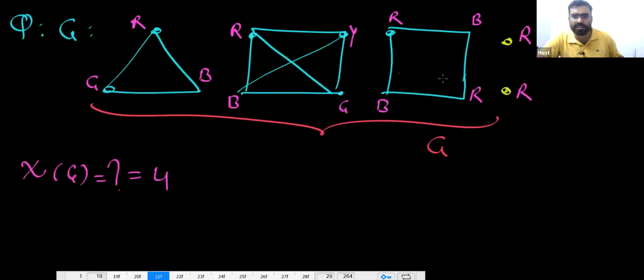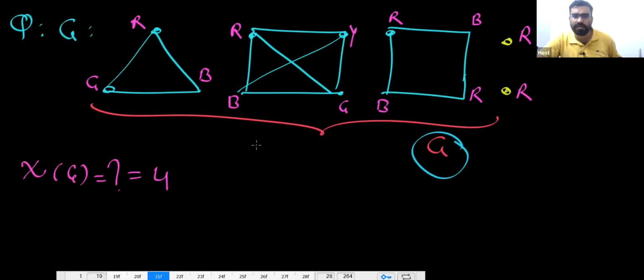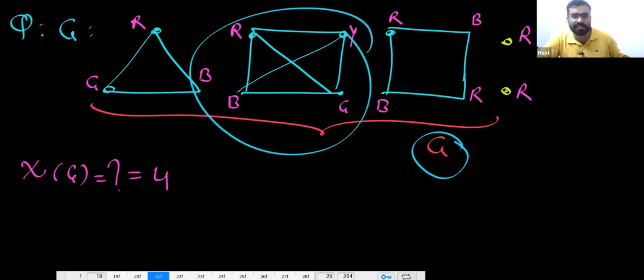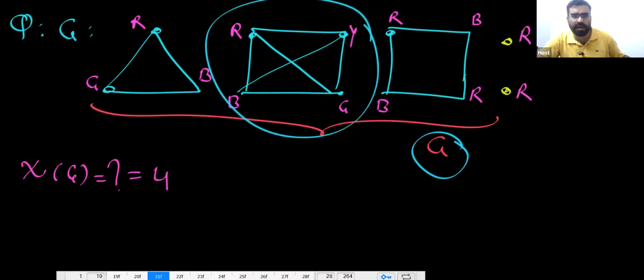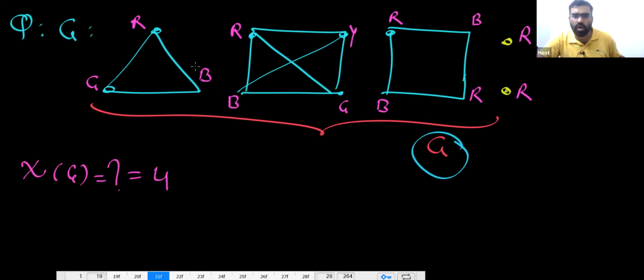See, this is your graph. Total how many components do you have? Total 5 components. Then the chromatic number of this graph is very simple, because this component is using the maximum number of colors. All others are not using as many colors as this.